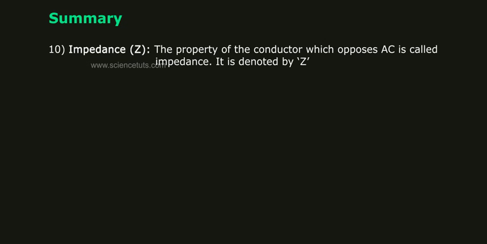10. Impedance Z. The property of the conductor which opposes AC is called impedance. It is denoted by Z. Z equals R plus jX. Modulus of Z equals square root of R square plus X square.